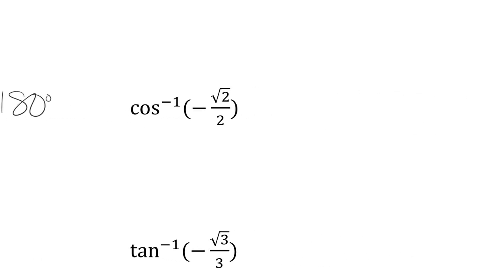What about inverse cosine of negative square root 2 over 2? 135. Am I allowed to go in quadrant 2 for this function? Yes. So we don't have to do the weird negative thing. We would do 3 pi over 4, or, yes, 135 degrees. So cosine actually ends up being the easiest version because you don't have to think about making negative angles.